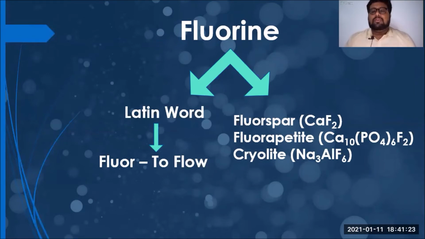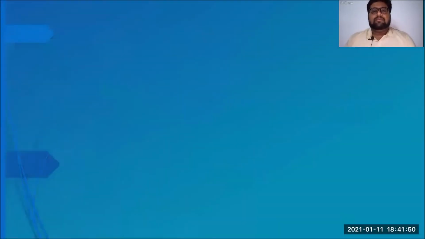At higher levels it causes toxicity or hazards, whereas in ample amounts it gives us prevention from dental caries. How does it prevent dental caries? To see that, you have to know what dental caries is. So I will explain the simple process of dental caries through its definition.